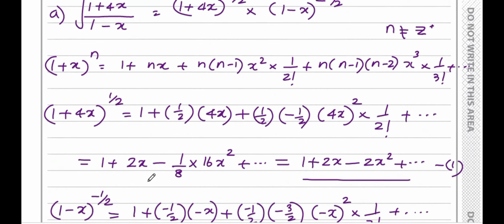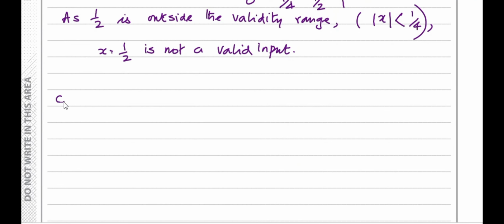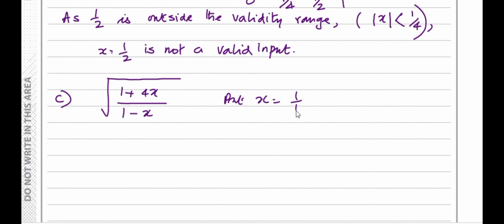So before we do anything, let's write out the expression once again. So C, square root of 1 plus 4x in the numerator and 1 minus x in the denominator. So let's put x is equal to 1 over 11.